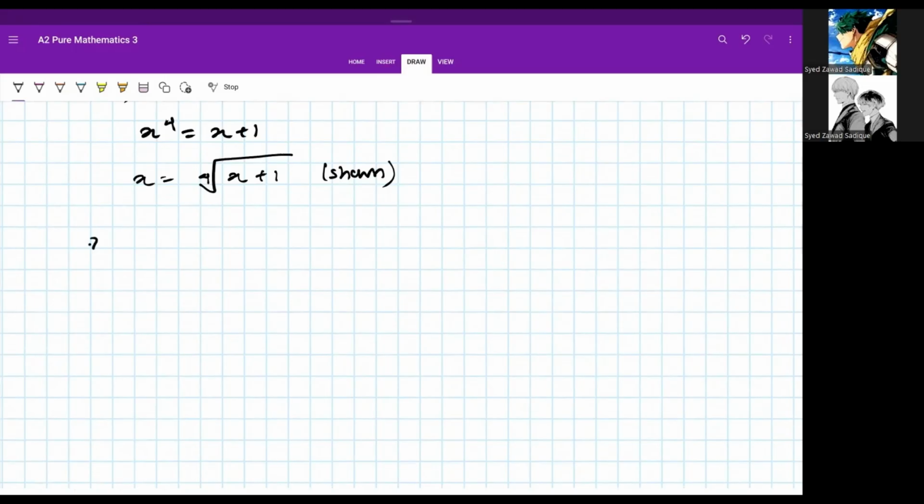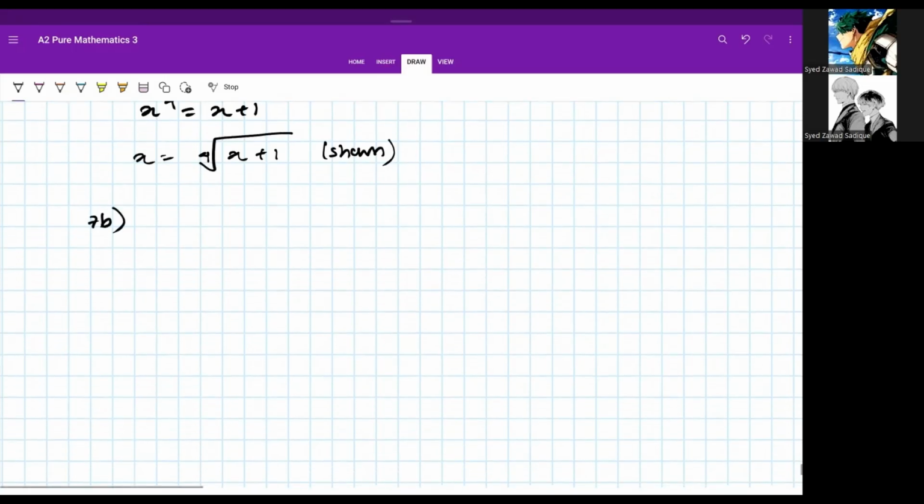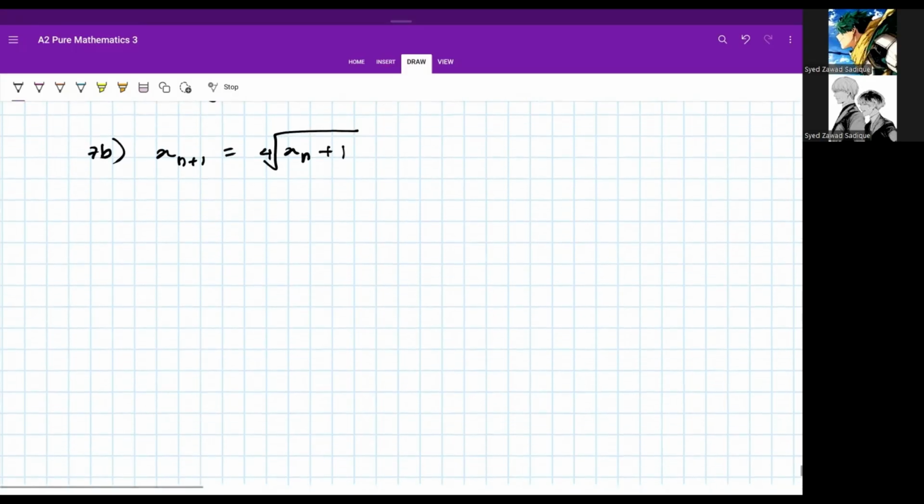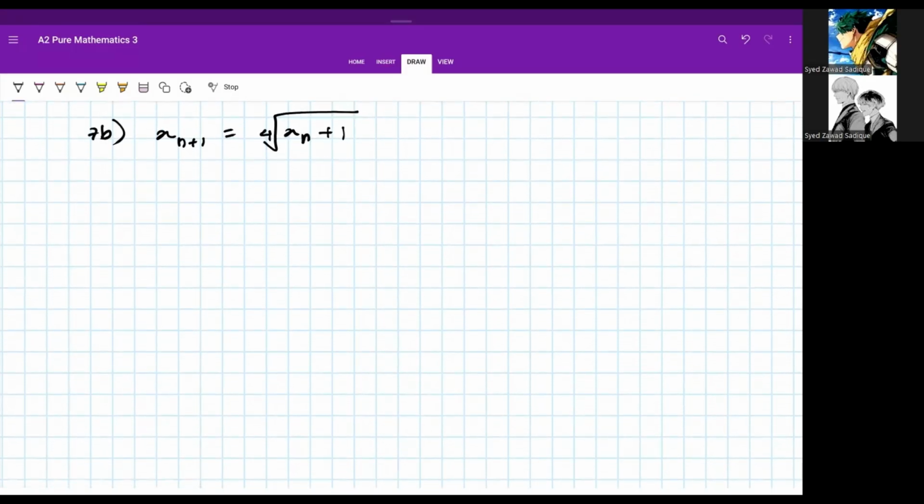Okay, 7b. x(n+1) is equal to the fourth root of x(n) plus 1. Now that's the iterative formula's equation.